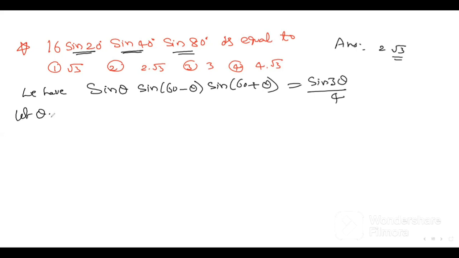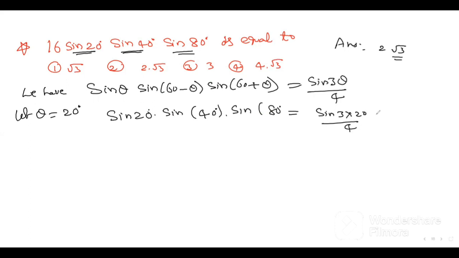Let us take here theta is equal to 20 degrees. So sine 20 into sine 60 minus 20, it will become 40 degrees, sine 60 plus 20 is 80, is equal to sine of 3 into 20 by 4. The sine 60 value root 3 by 2 into 4.